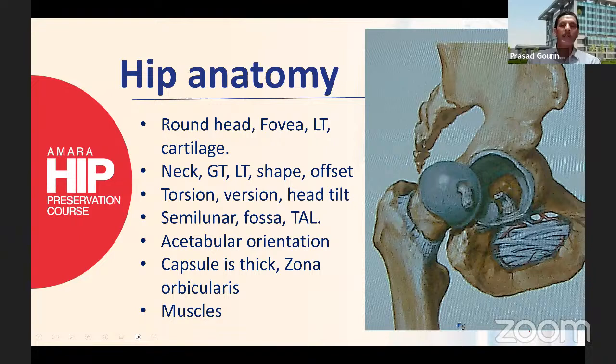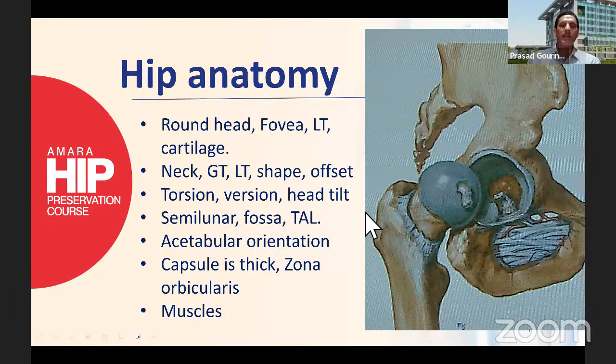More prominent can be a problem. So the shape of these bones is important. The neck also has an offset. If you don't have a narrow neck, you won't have good range of motion. So the neck needs to have a certain length to keep the GT and LT away from the pelvis, and it needs to be a lesser diameter than the head to have good range of motion.